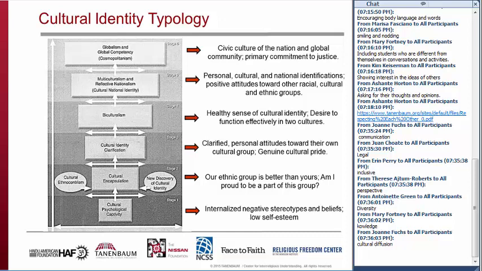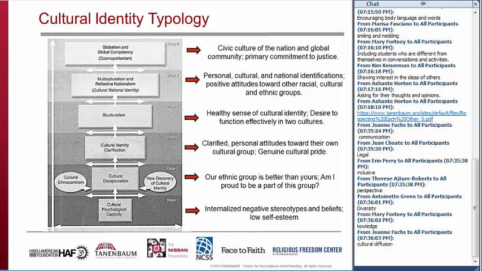At the next stage, biculturalism, people develop a healthy sense of their own cultural identity, but there is a desire to function effectively in at least two cultures, to learn to navigate not just their own culture, but to be interested and curious about another culture.